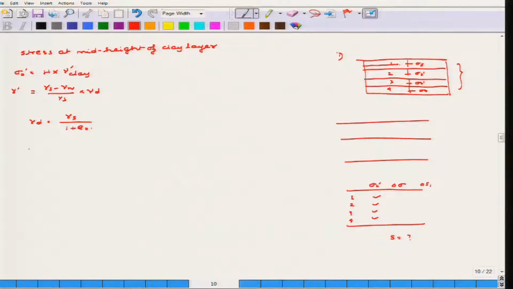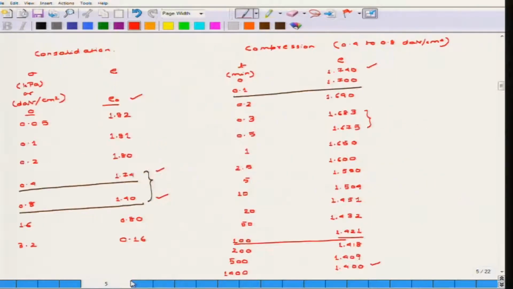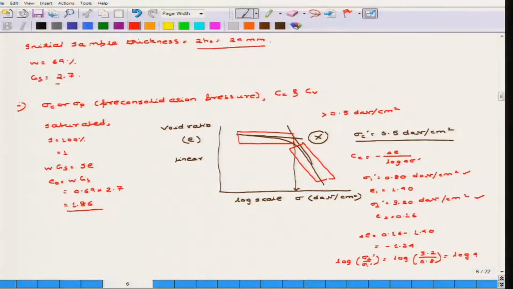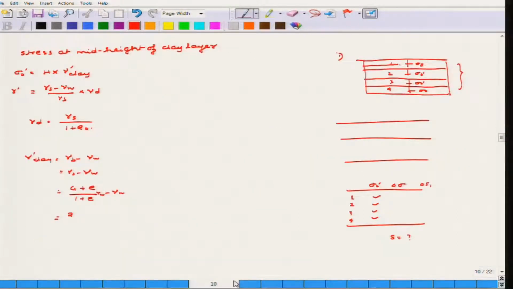Or you can easily adopt gamma dash of clay is equal to gamma B minus gamma W, that is gamma S minus gamma W, where gamma S is given by (G plus e) by (1 plus e) into gamma W. G has already been given in the problem, which is 2.7. So, 2.7 plus e naught by 1 plus e naught, into gamma W, minus gamma W.